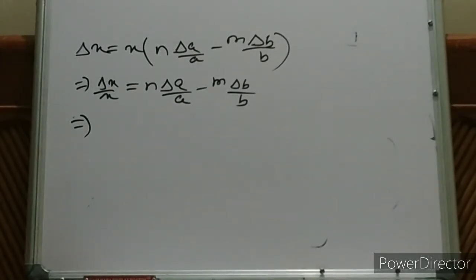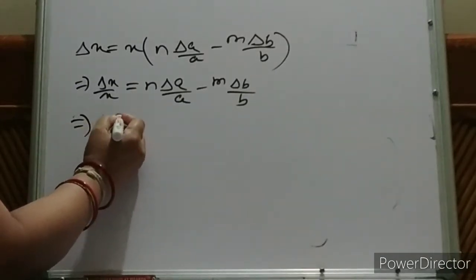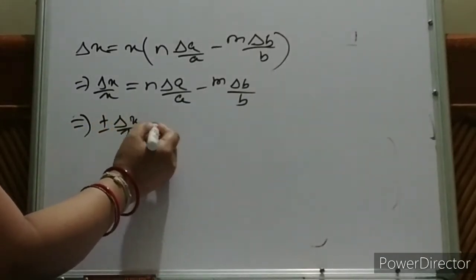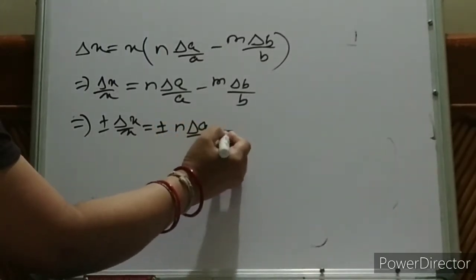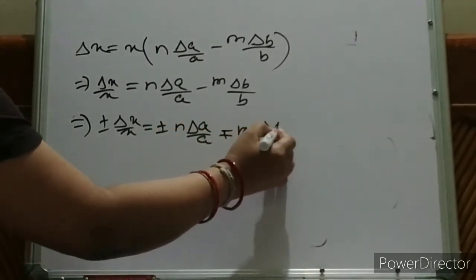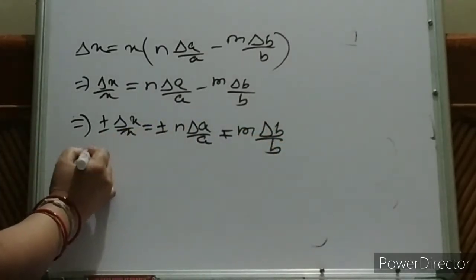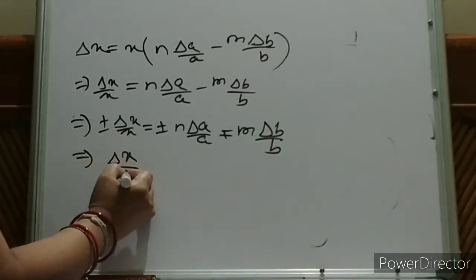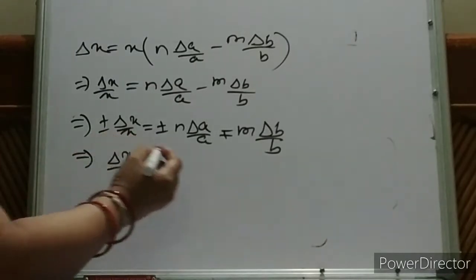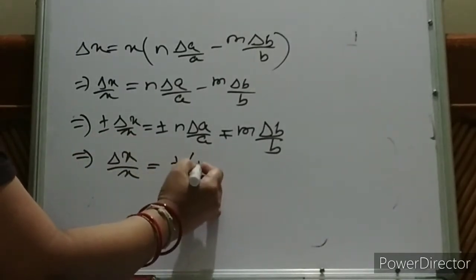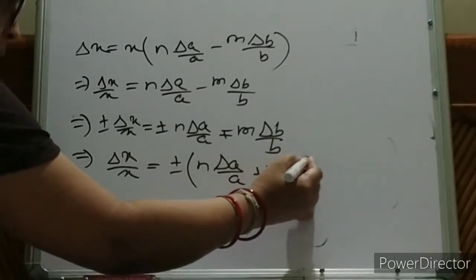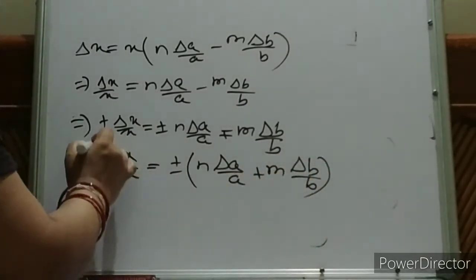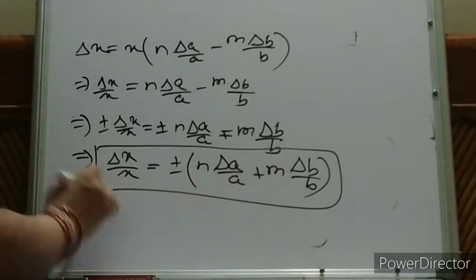So we can write plus minus delta x by x is equal to plus minus n delta a by a minus plus m delta b by b. That means what is your maximum permissible error? So it will be plus minus n delta a by a plus m delta b by b. This is your final result.